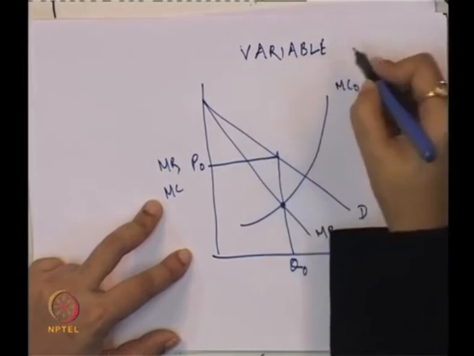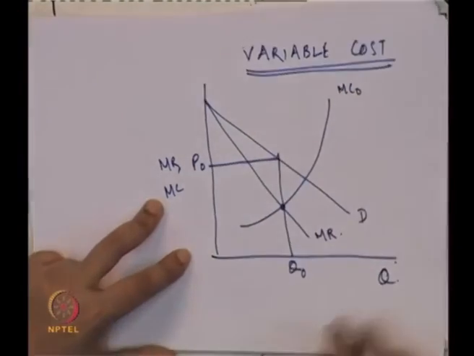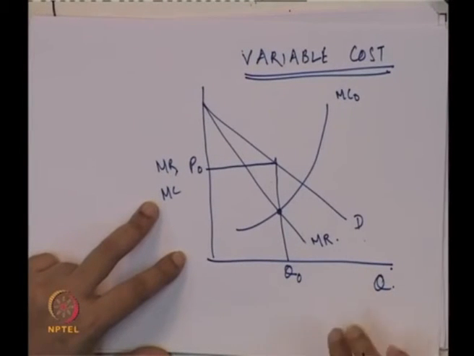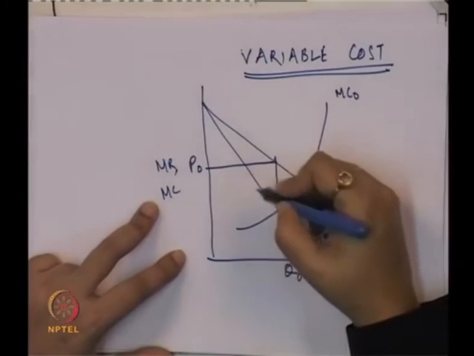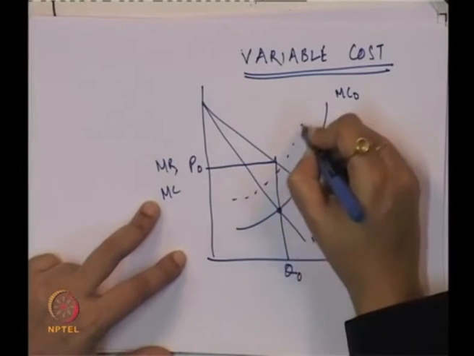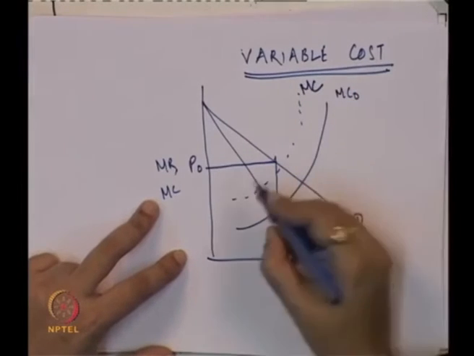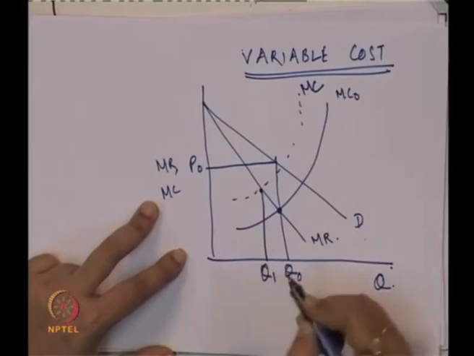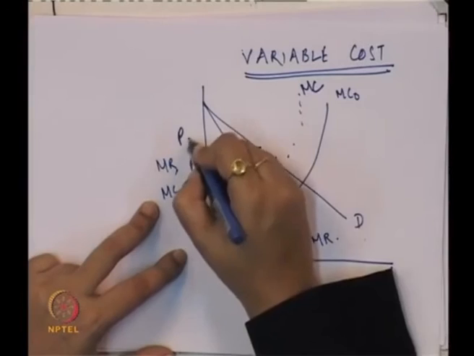What happens to the equilibrium output and equilibrium price when there is an increase or decrease in the variable cost? If there is an increase in the variable cost, then that shifts the marginal cost to the left, that is MC1, and corresponding to this MC1 we will get a new level of output Q1 and a new level of price, that is P1.